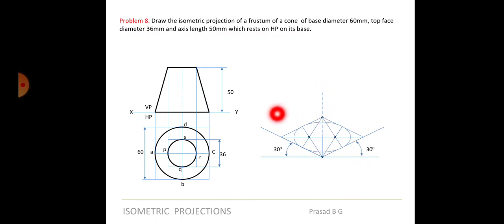So how do we get that point? We got the center, right? So we need to measure this distance. If I take O as the center, OS and OQ, this line, I will keep it here and get that on the 30-degree line. What is the distance from OS? From the center I will draw here, OS. Same way, what is the distance of OQ? I will draw from here, OQ.